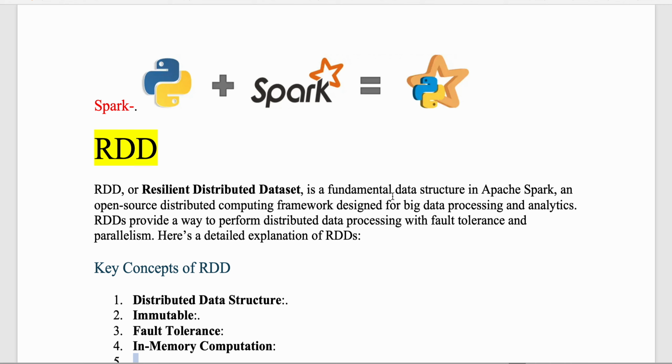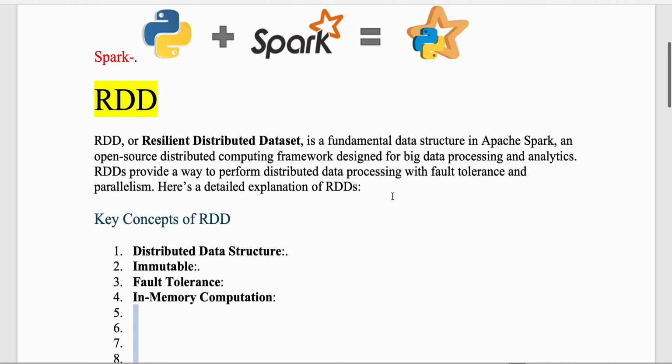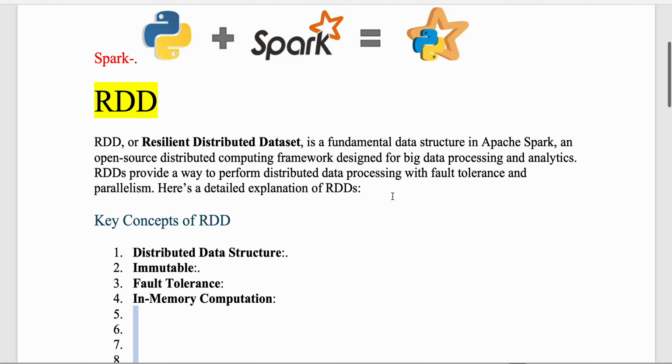And then fourth is lazy evaluation. What do we mean by lazy evaluation? RDD operations are lazy, meaning computations are not performed until an action is performed. There are two types of operations on RDD: transformations and actions.